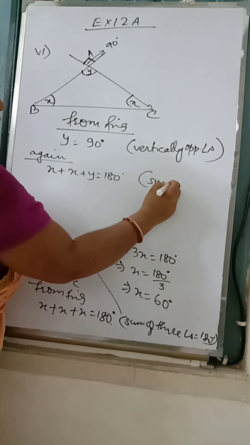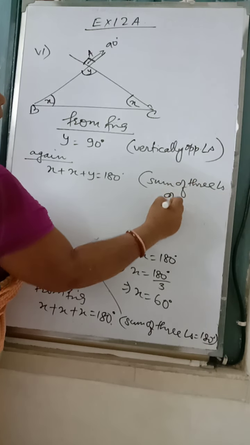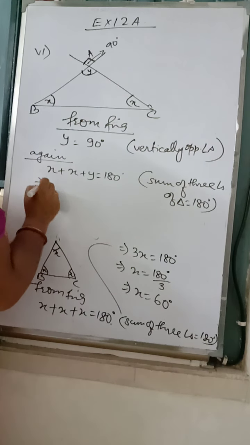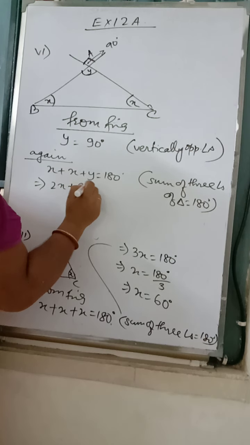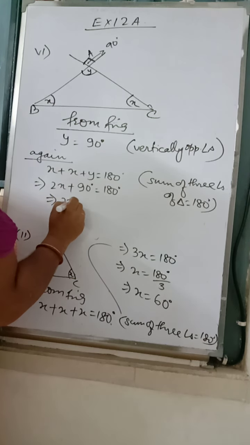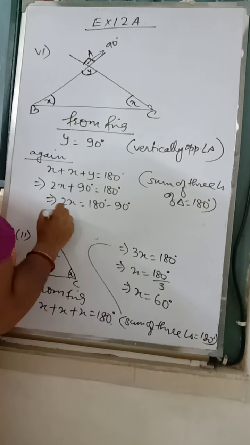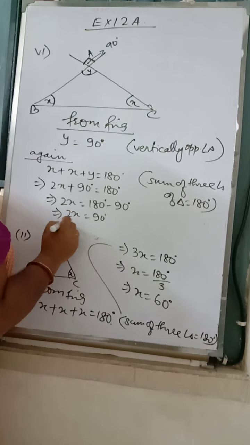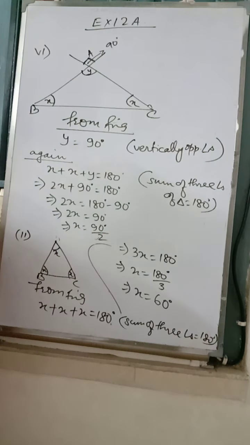Why? Sum of three angles of a triangle is 180, or it gives you 2X plus Y's value, 90 degree, is equal to 180 degree, or 2X is equal to 180 degree minus 90 degree, or 2X is equal to 90 degree, or X is equal to 90 degree by 2.